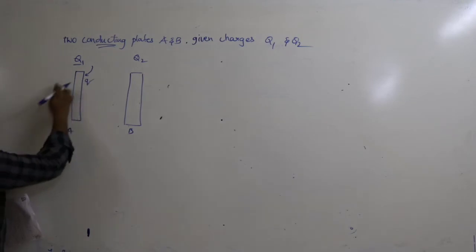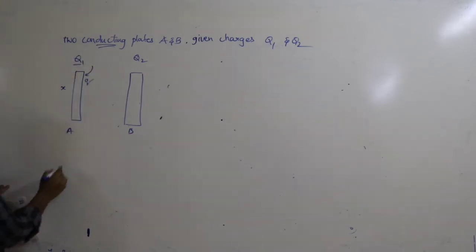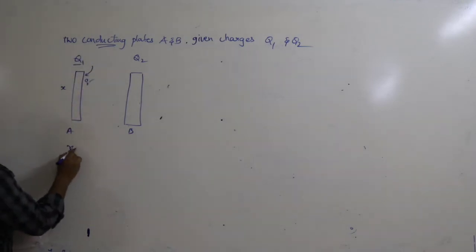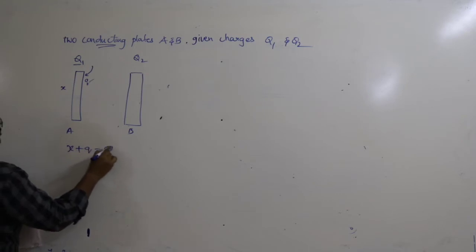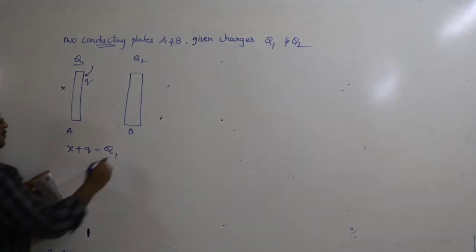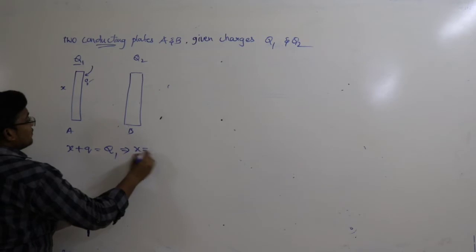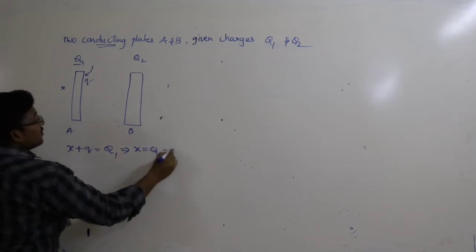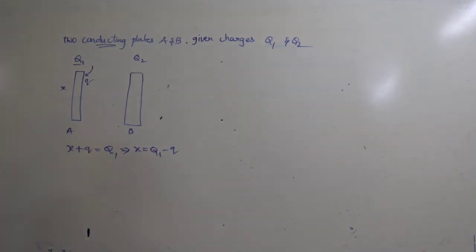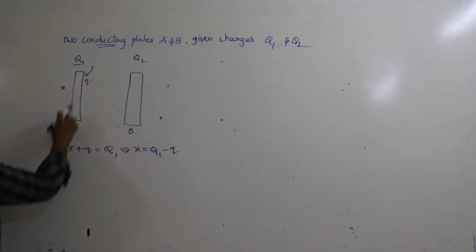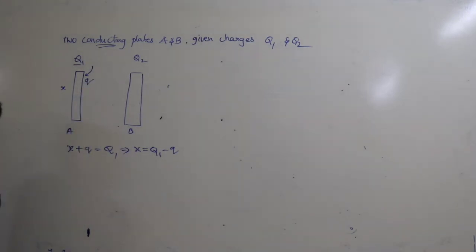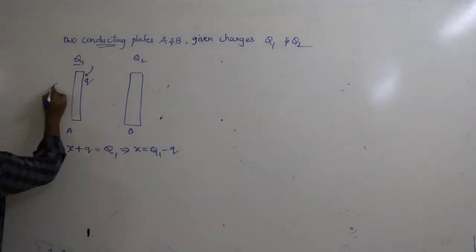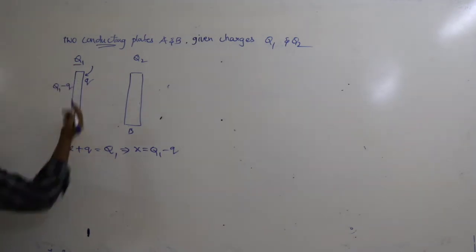You know that the total charge must be equal to Q1. So, x plus small q is equal to Q1. That is how we can say x is equal to Q1 minus q. So, if small q is on this inner surface, this x will be Q1 minus q.